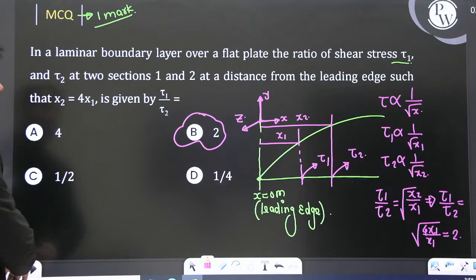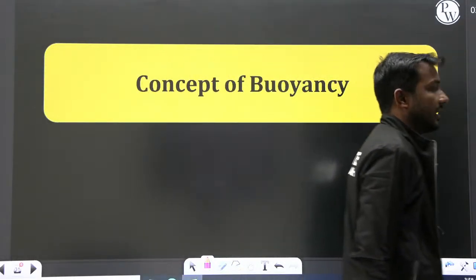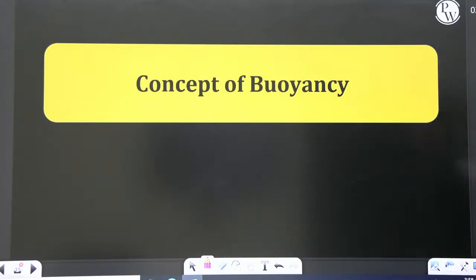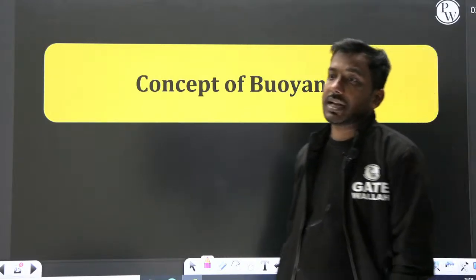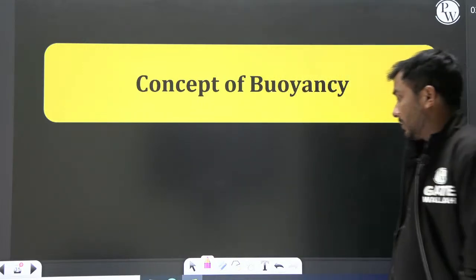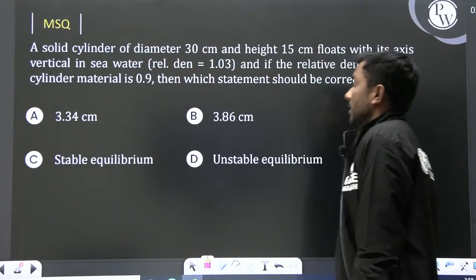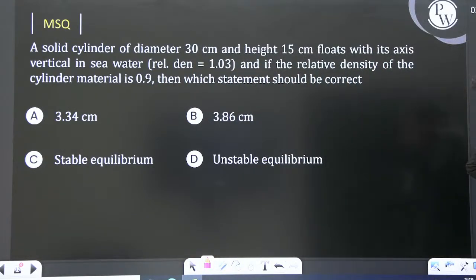Another question. And the next question is from the concept of buoyancy. And please, from a GATE point of view, buoyancy and metacenter is also an important topic. Practice buoyancy and metacenter. Read the question carefully.